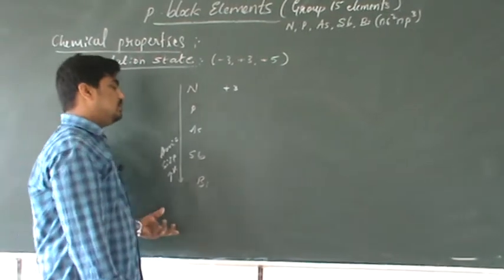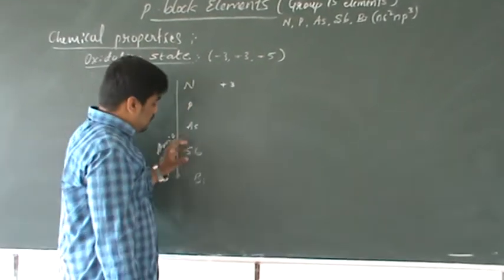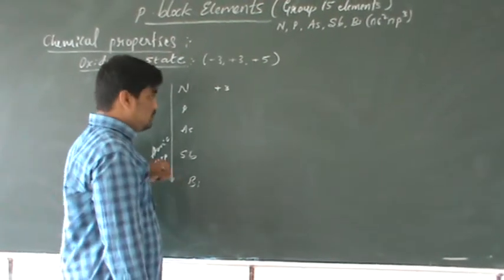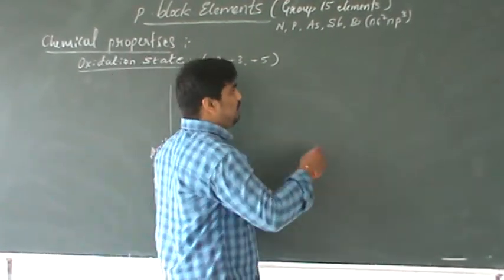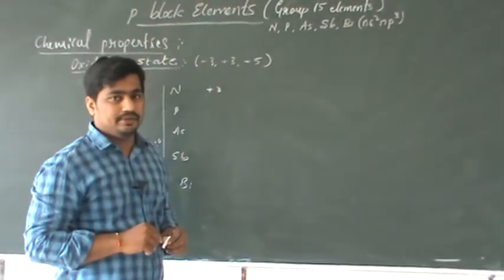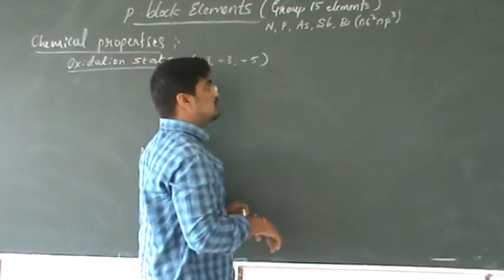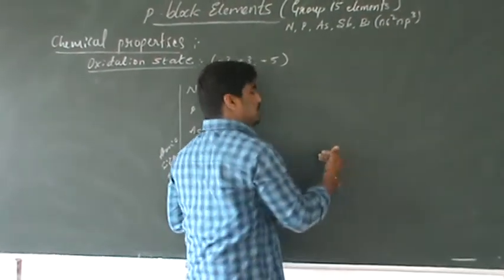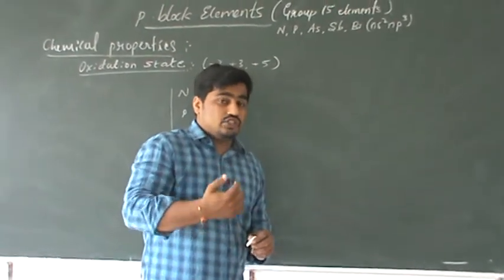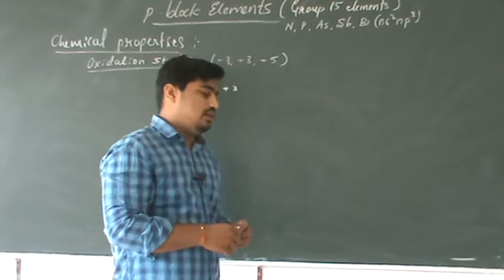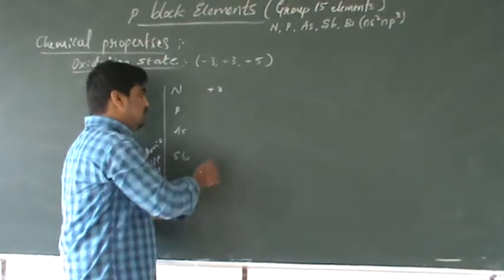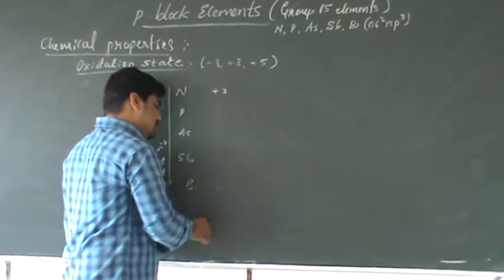Due to that, ionization enthalpy decreases, and the p orbital goes away from the nucleus compared to the s present inside. It attracts strongly in these elements. When we move down the group, atomic size increases.